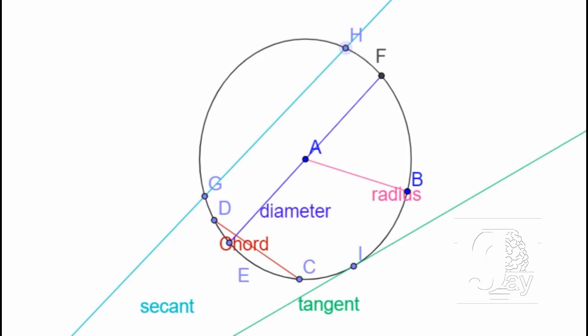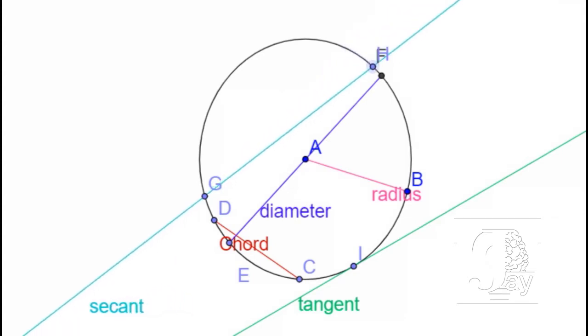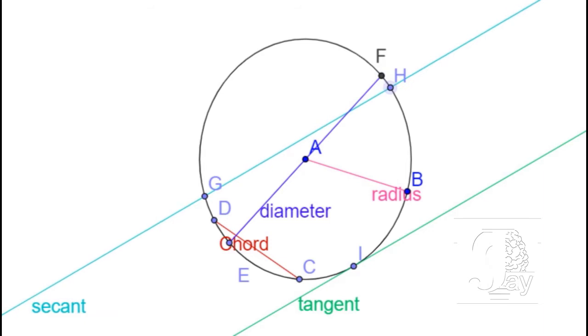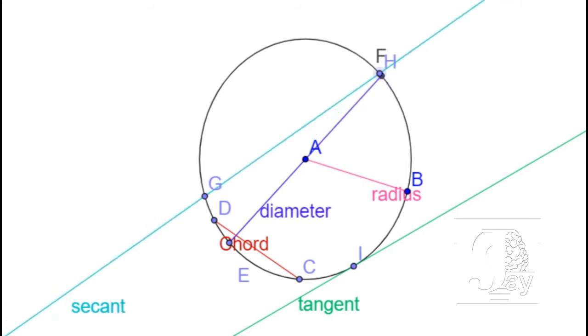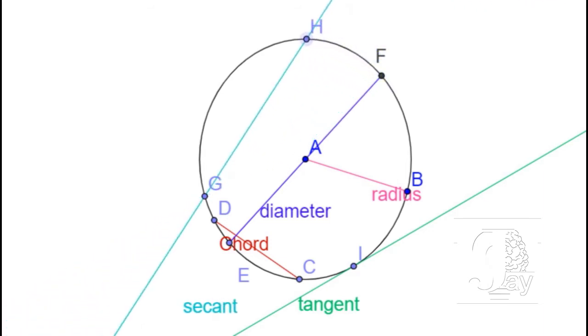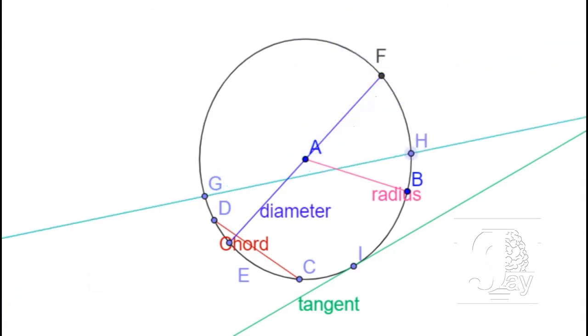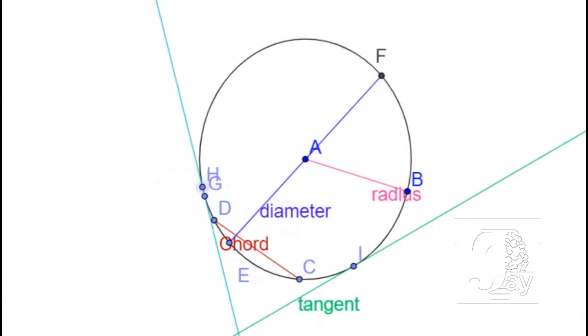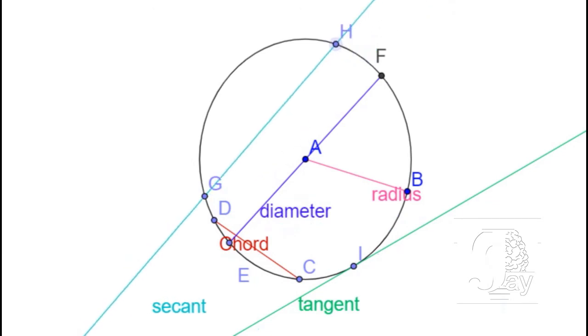So we can clearly see that GH is a line segment that meets the circle at those 2 points, and this is known as the secant.